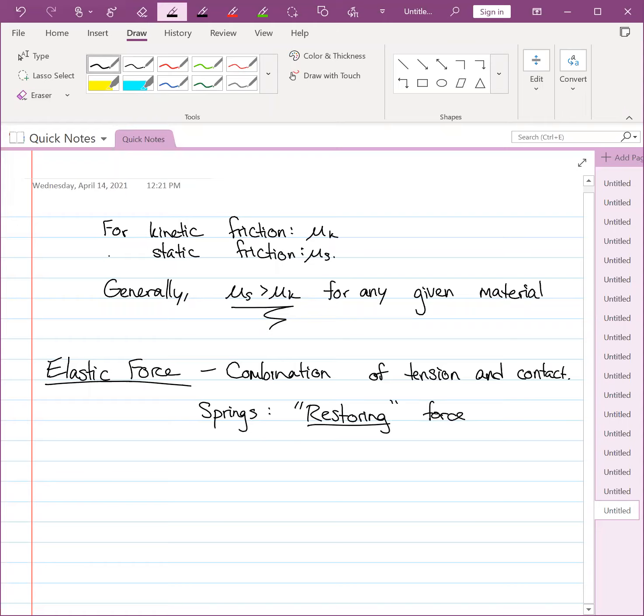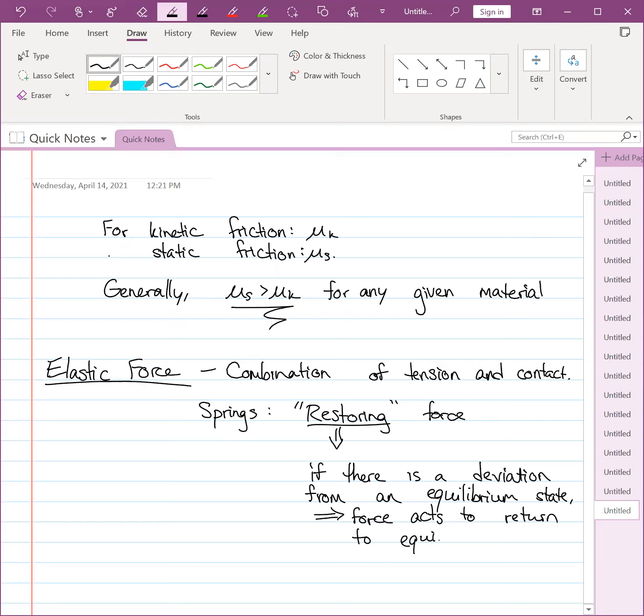And what that means when we call a force restoring is that if there is a deviation from an equilibrium state, then the force will come to push it back to equilibrium. The force acts to return to equilibrium.